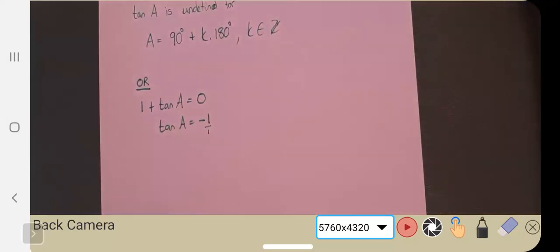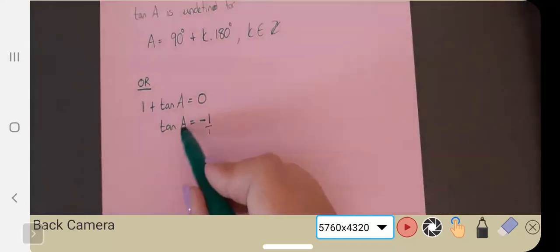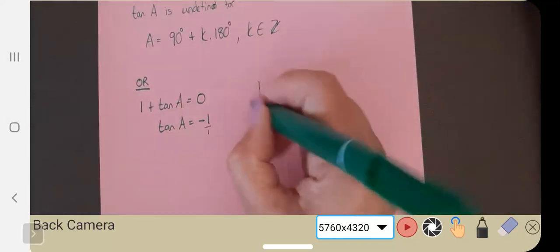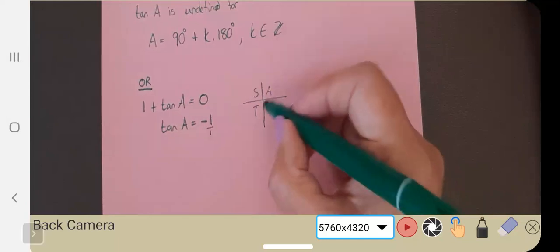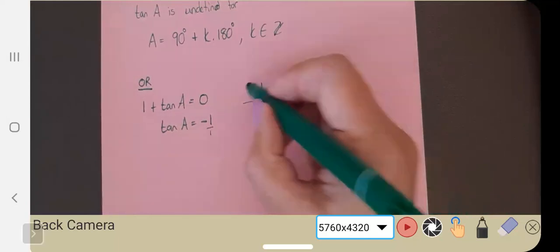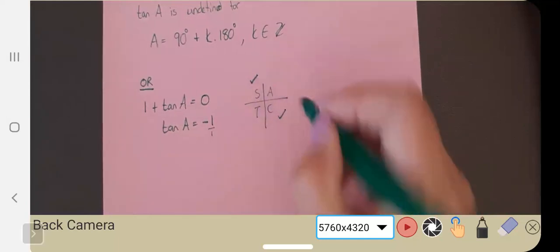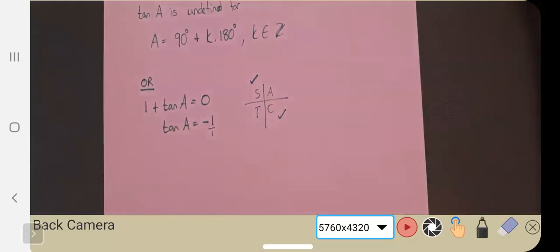Now, where is tan negative? If you draw your CAST diagram, tan is positive there, so it will be negative here and here, in those two quadrants.